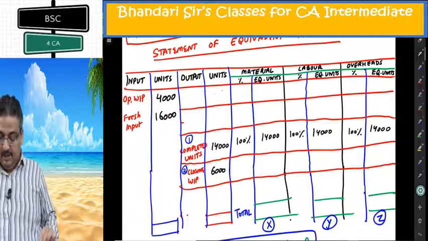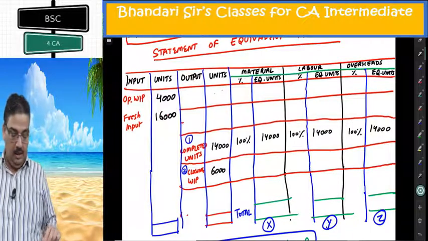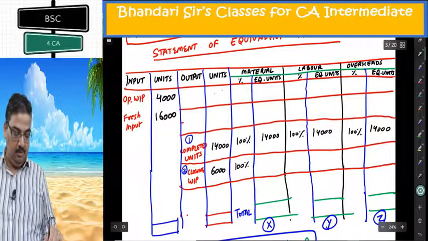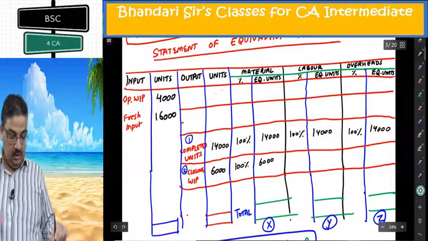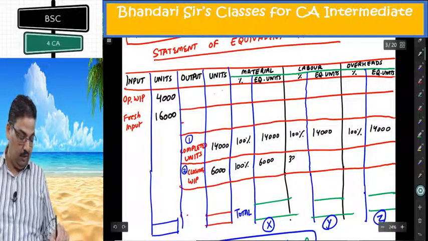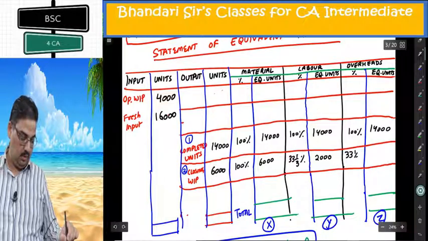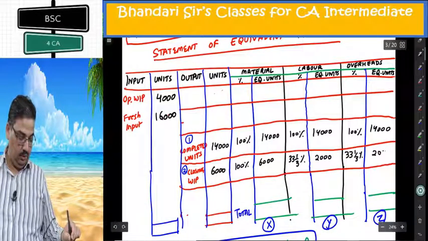Closing WIP 6,000. He tells me on 28 Feb all materials used, 100% material. 33 1 by 3% for labor and overhead. So 33 1 by 3%. That is 1/3 means 2,000. 2,000.